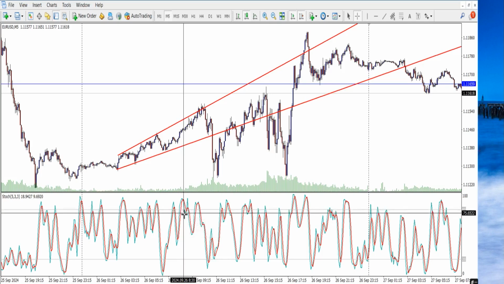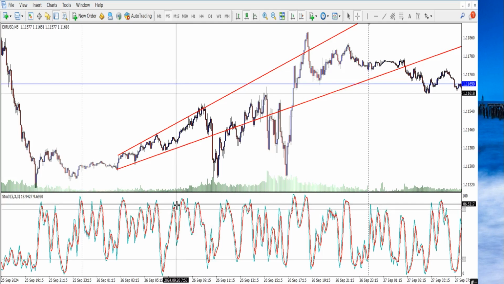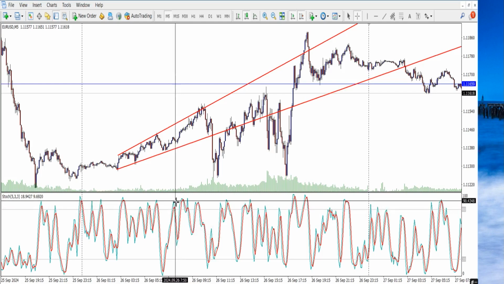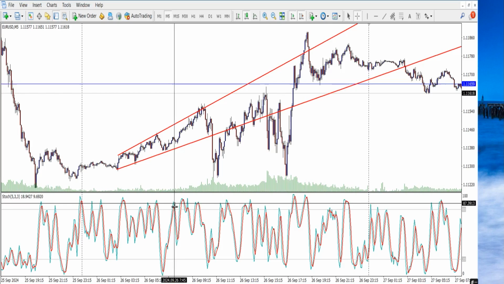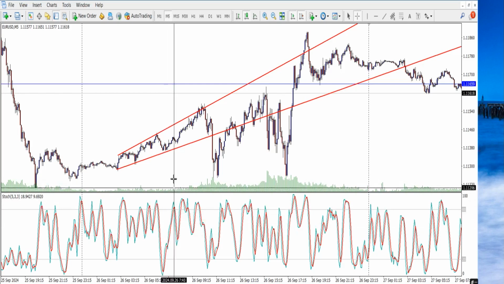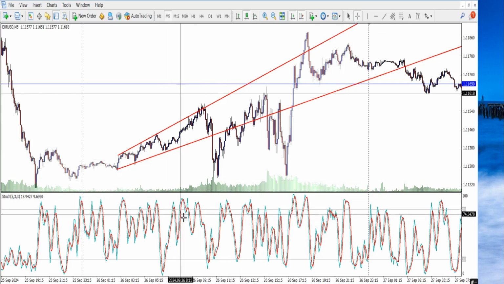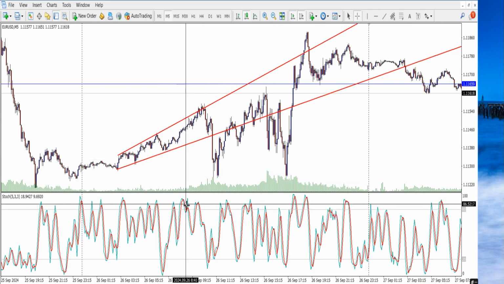So those who would have decided to exit after the signal from the stochastic oscillator, perhaps they would have exited somewhere around here, which was the first time that the bearish crossover happened. So if you had entered around here and exited around here, it means that you would have caught just about 5 pips.